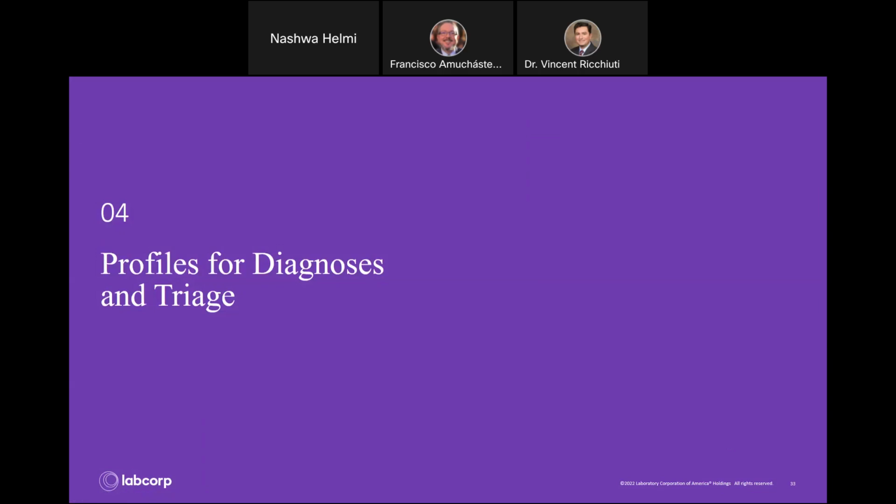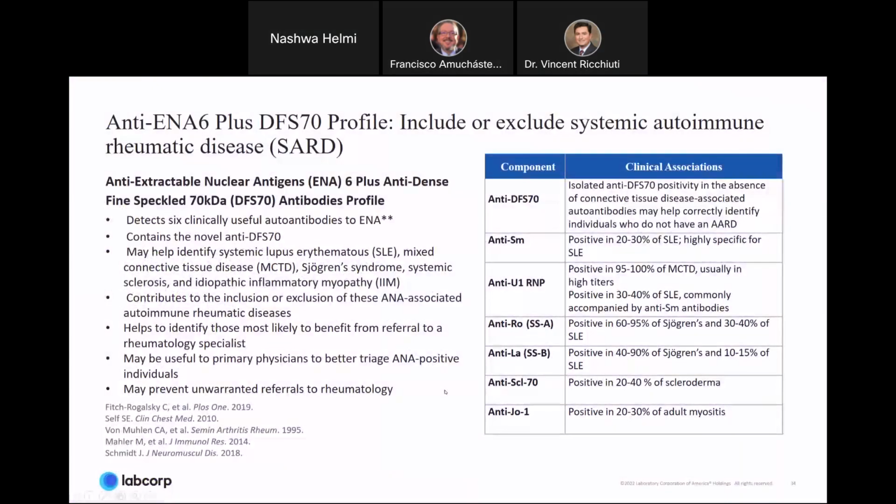So we have at Labcorp a profile for diagnosis and triage of your patient. The anti-ENA6 plus DFS70 profile is a panel that is used to include or exclude systemic autoimmune rheumatoid disease.